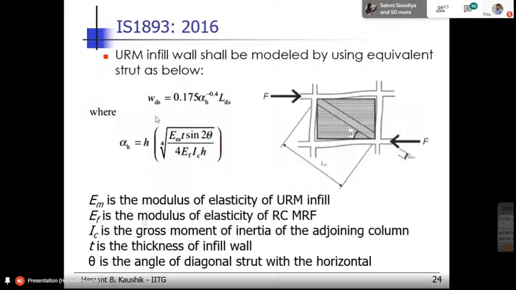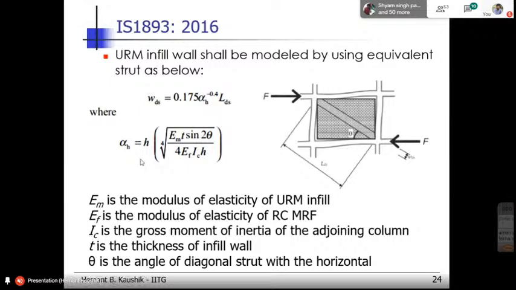So for area, the code gives us this equation for computation of the width of the strut. Now, this is a slightly complicated equation. It was proposed by Mainstone long back. So that equation is proposed here, and it is given by this equation, which is a function of alpha h.